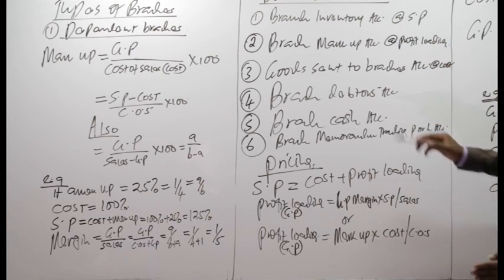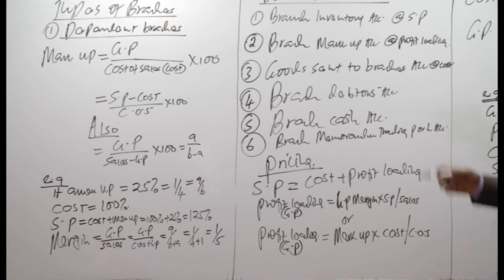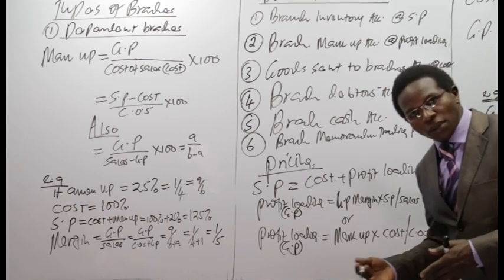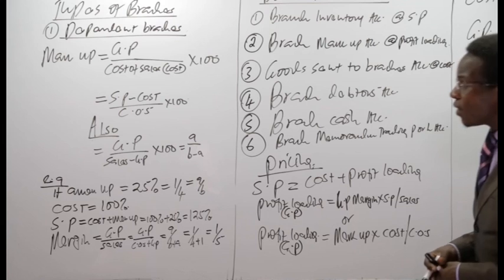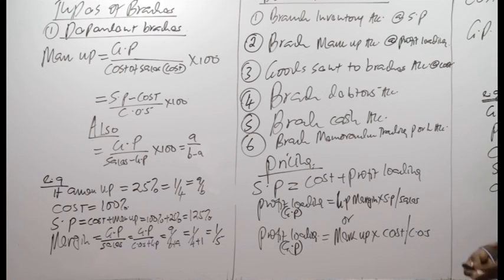We were looking at how to get the prices, how to use the prices. Sometimes you're given the markup and you need to use the margin, or you are given the margin and you need to use the markup. Even if you need to use the margin, you can still use the markup directly, and that's how to go about it.